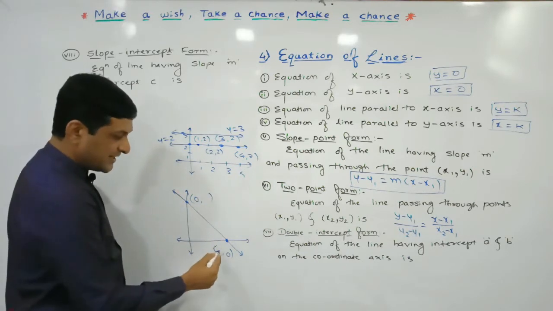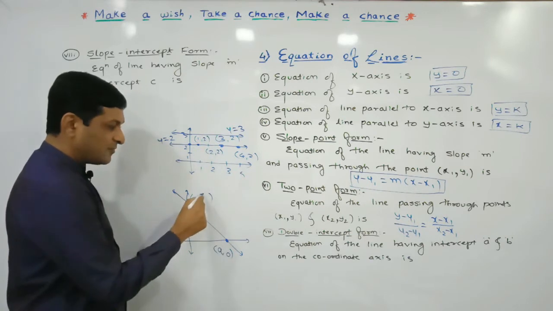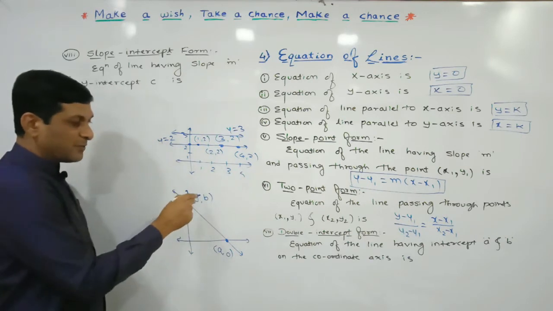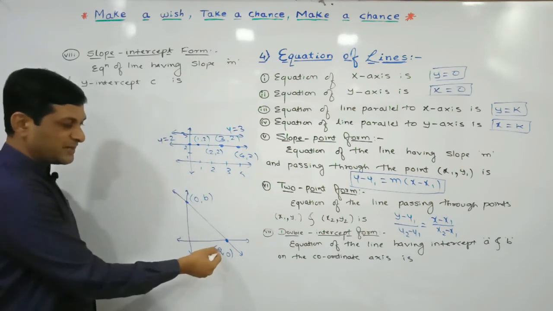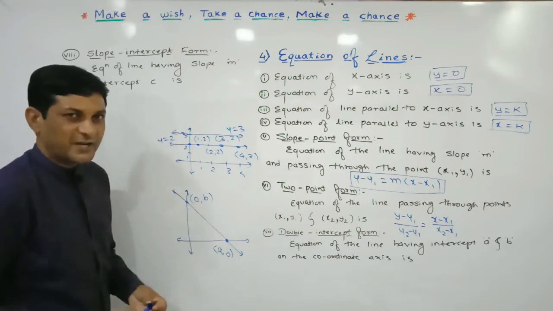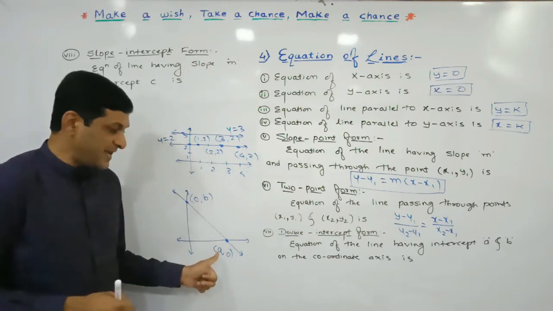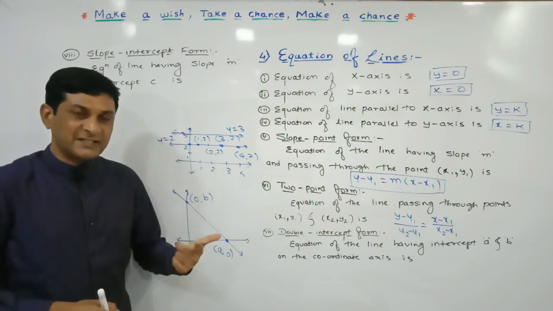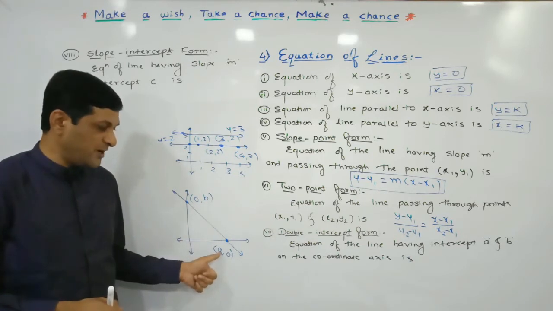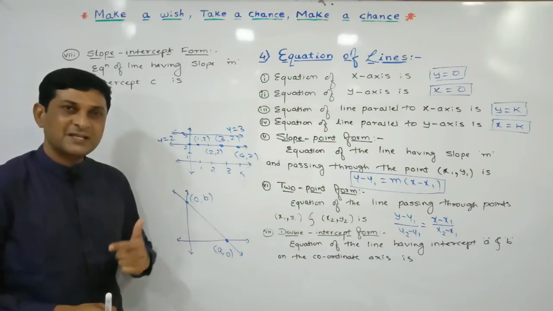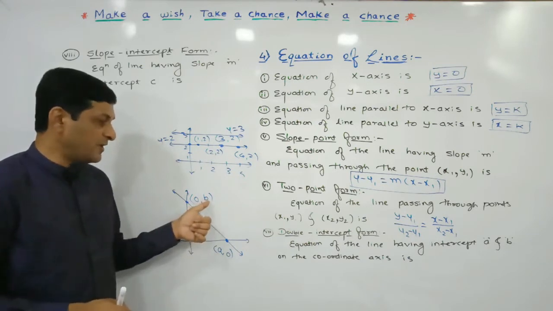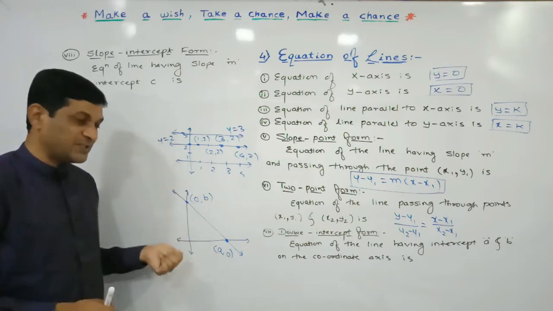Let us denote the x coordinate by small a and the y coordinate by small b. Then x intercept means the x coordinate of the point where the line intersects the x-axis, and y intercept means the y coordinate of the point where the line intersects which axis?